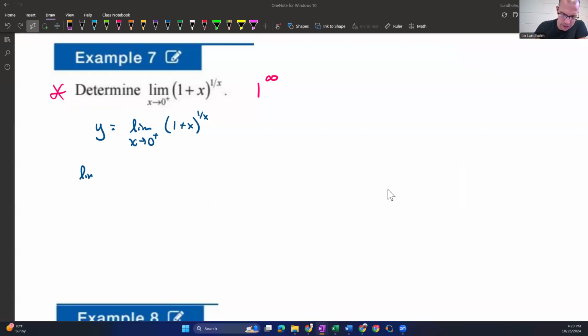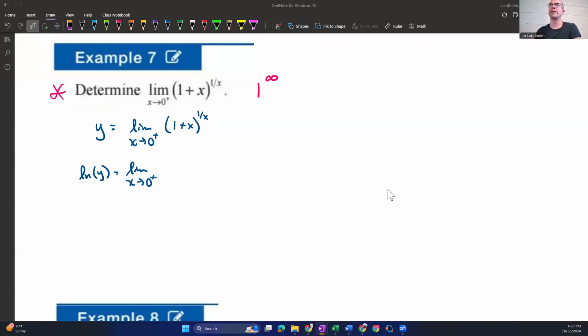So if I take the natural log of both sides, we get ln of y is equal to, I could put the natural log on the outside, but remember that continuous functions and limits are interchangeable. So I'm going to write limit as x goes to 0 from the right.